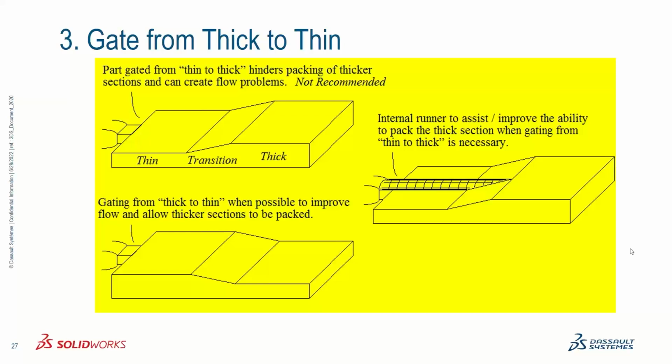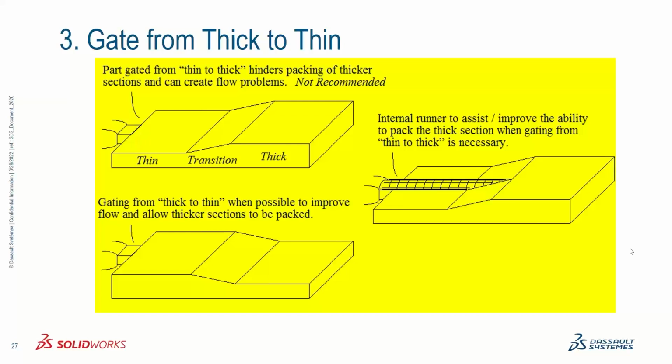In this design scenario, you will have problems during both the filling and packing of the mold. That's because the thin section tends to cool off much faster compared to the thick section. It can often happen that the thin section cools off so rapidly and so prematurely that you're not able to adequately fill and pack the thick section.